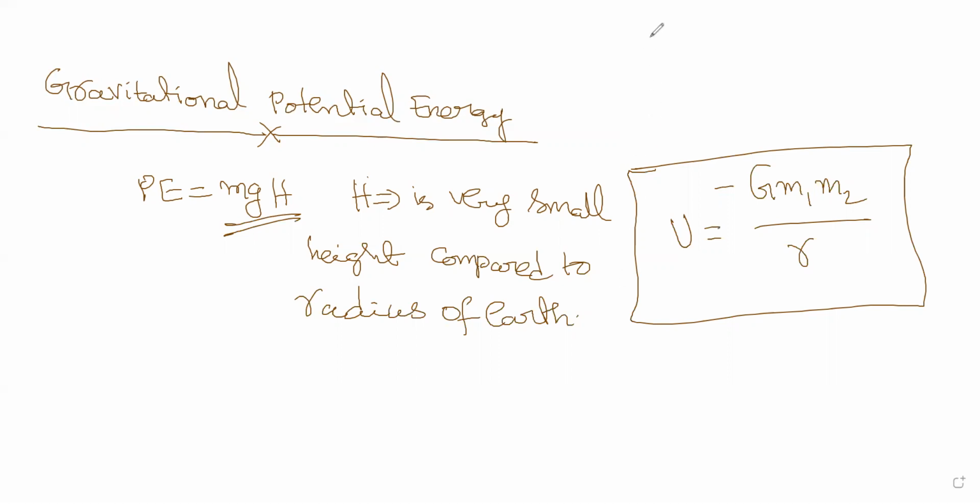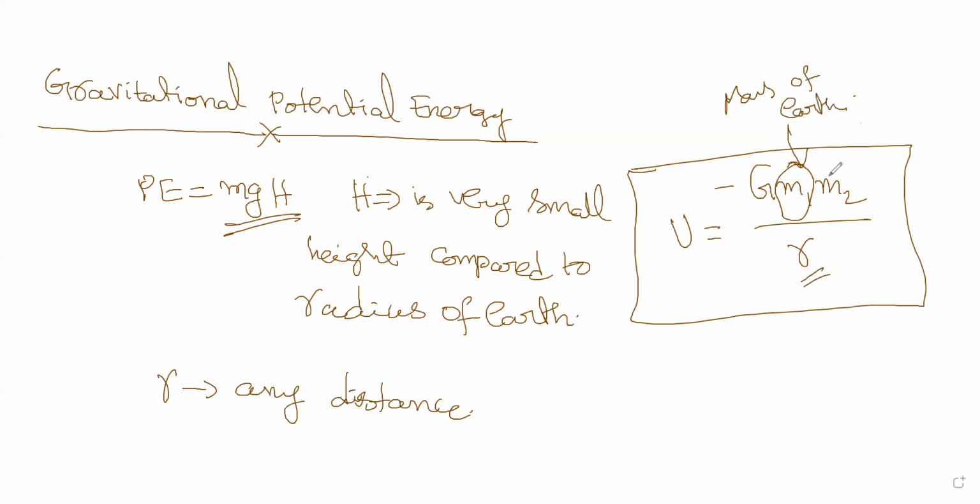Now, this is for any distance r. This is meant for any kind of distance, and this is called gravitational potential energy. One of the m's is the mass of the earth, and the other one is the mass we considered.